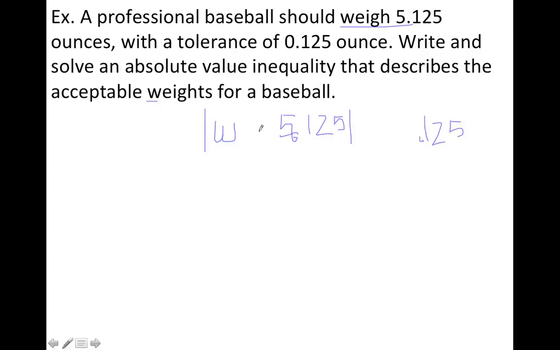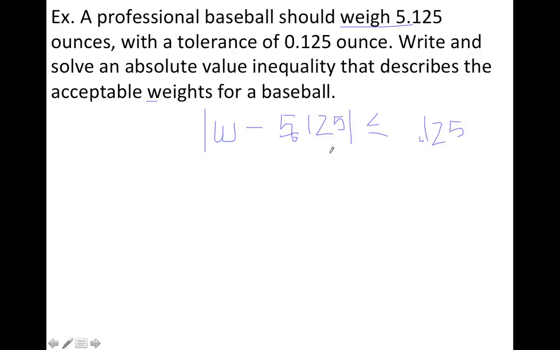If I were to put a plus and were to solve these inequalities out, that means we subtract this over, and that means our weight would be negative. So since that does not make sense, this has to be minus, so we'd have to add it to the other side. And since we want acceptable weights, we want our first inequality to start with less than or equal to. So then we solve these out.